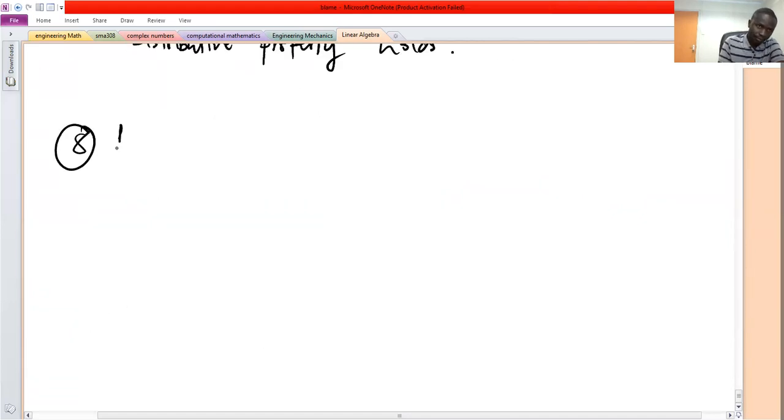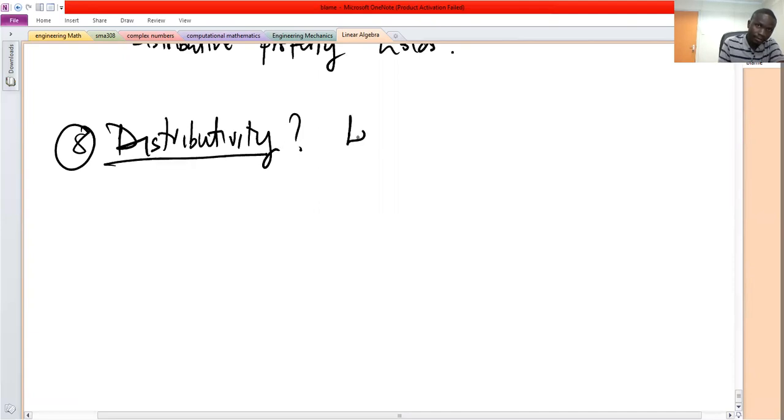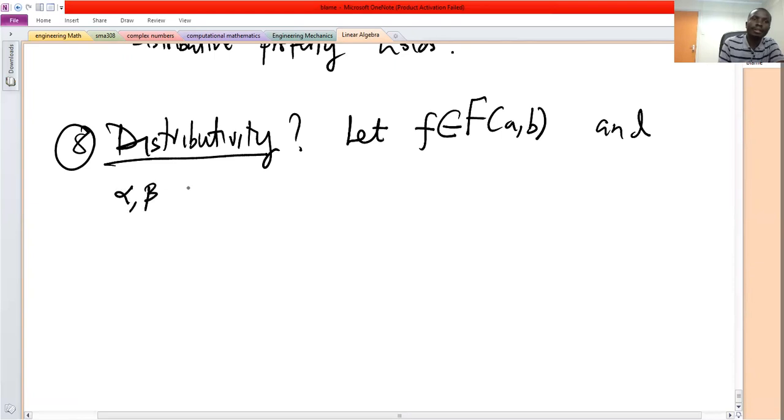Number 8 is still on distributivity. So here we let f be the function in this set and take alpha and beta be two real numbers.